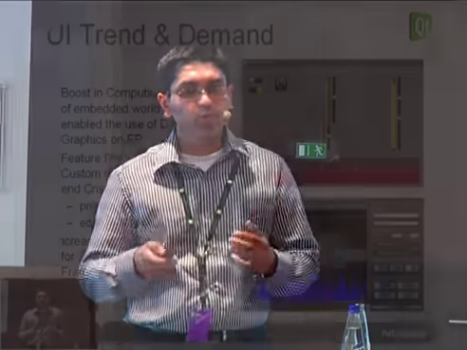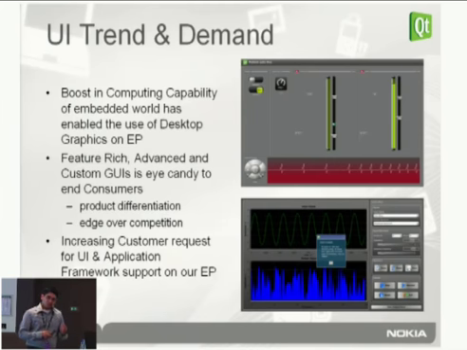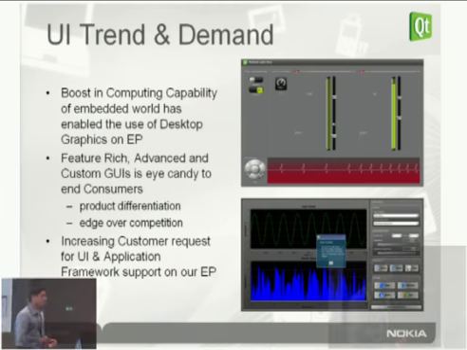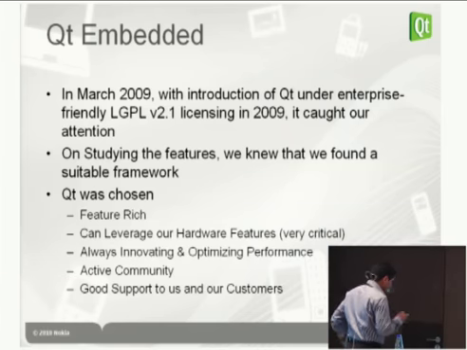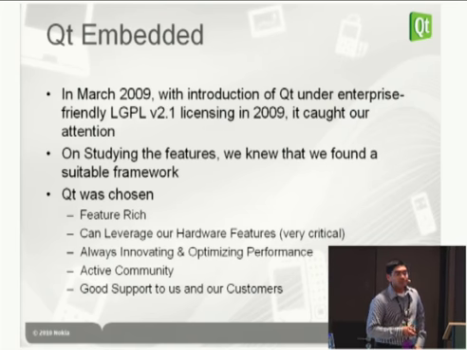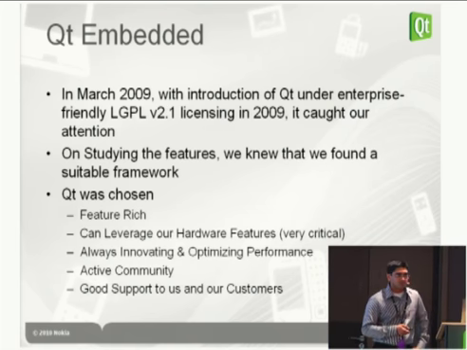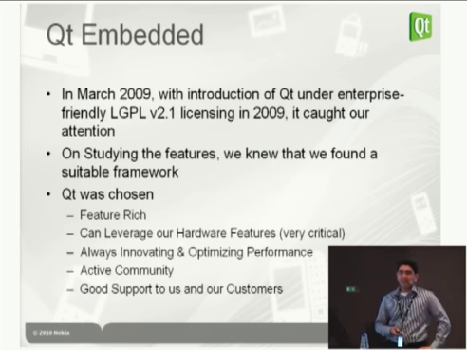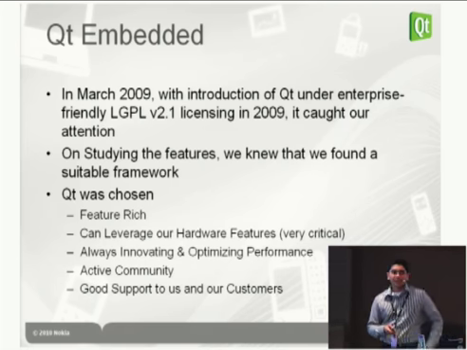On our platforms, any customer coming to develop an application is requesting support for an advanced UI and applications framework. So we were hunting for a good framework that would serve our purpose. Last year, in March of 2009, Qt was released under the LGPL version 2.1 license, and that caught our attention.